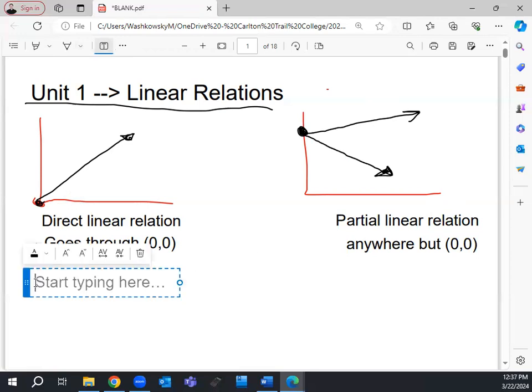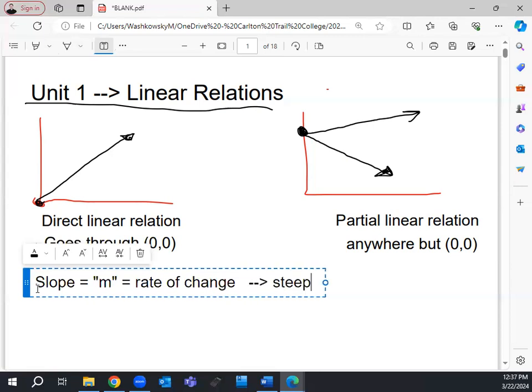Now, we have seen as well, what if I want to figure out how fast something's going up? We call that slope, which is also m, which is our rate of change, or steepness. I know there's a lot there, right?